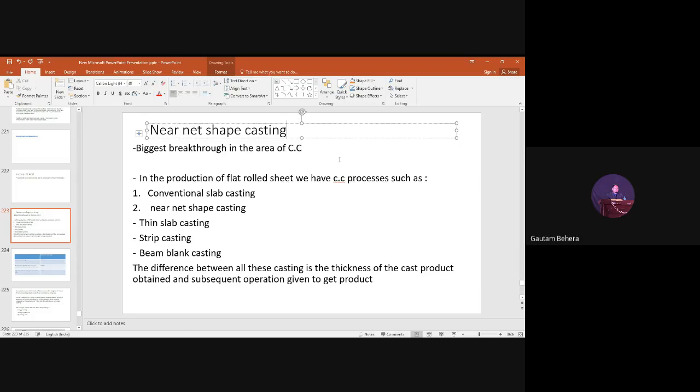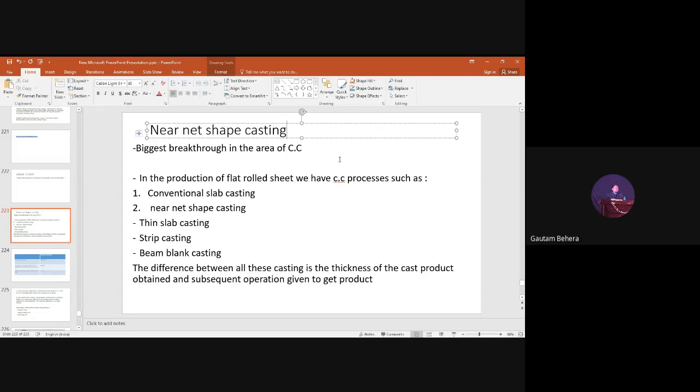Right? So near net shape casting means in this kind of continuous casting process, we can generate a final cast product whose shape or dimension is close or near to the end product or end use. That means after doing continuous casting by near net shape casting, you can get a cast product which directly can be used in the application area.